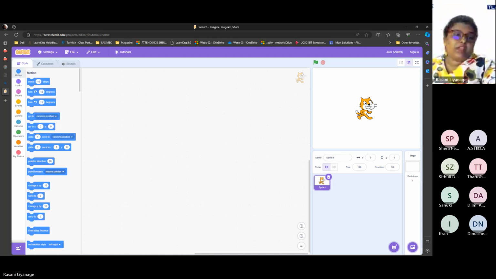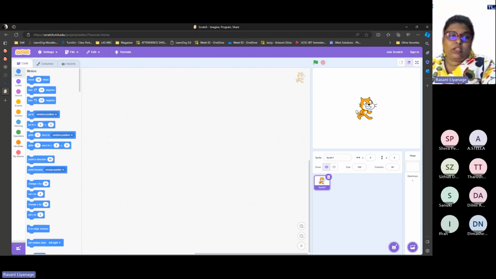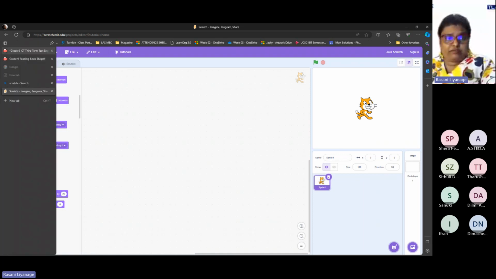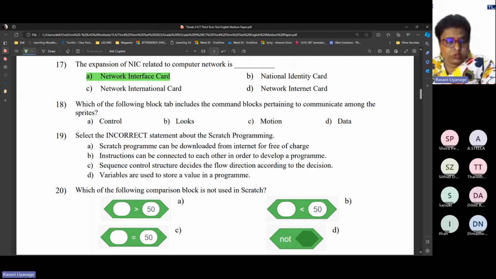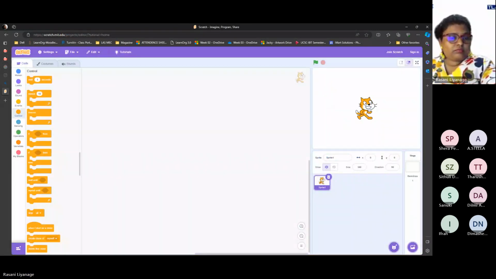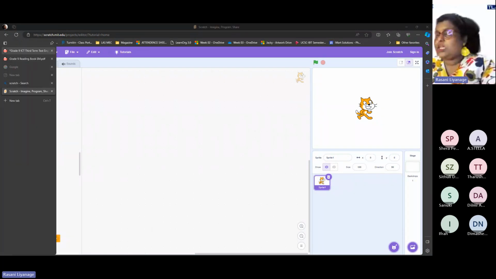Okay, so now motion, that is to move, looks. Looks is also having some places because you can change colors, all that. And one answer was control. It asks to repeat some functions, do something. It's more about the tasks.